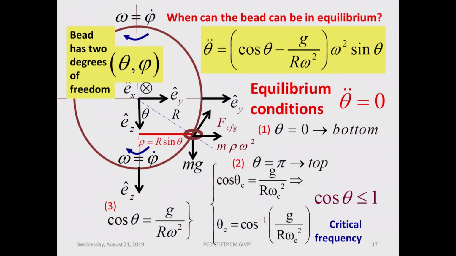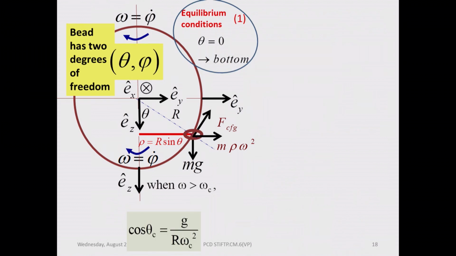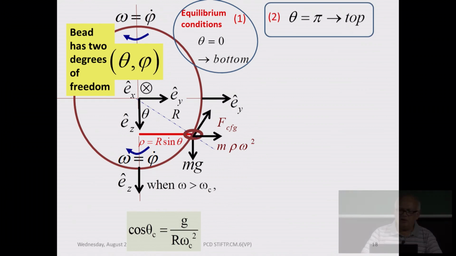Why? Because cosine theta must be less than or equal to 1. So, omega will have to be above a certain critical frequency at a minimal angular speed. So, this is the critical frequency that you must rotate the hoop at.